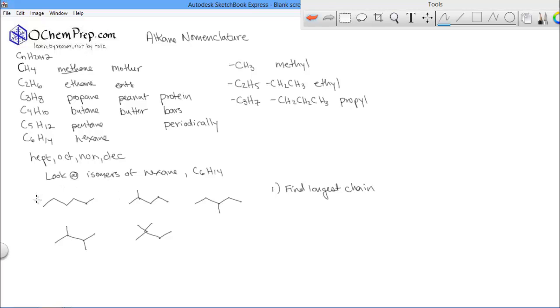Well, of course, this one is hexane. Sometimes it's called N-hexane for normal, but you don't have to do that. Normal means straight chain. So this one is a 5 carbon chain, where we have a 1 carbon unit on the second carbon.